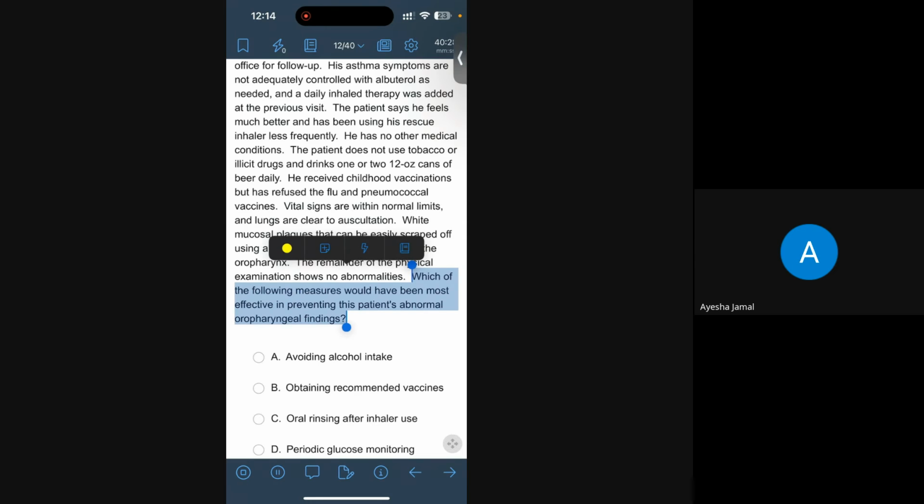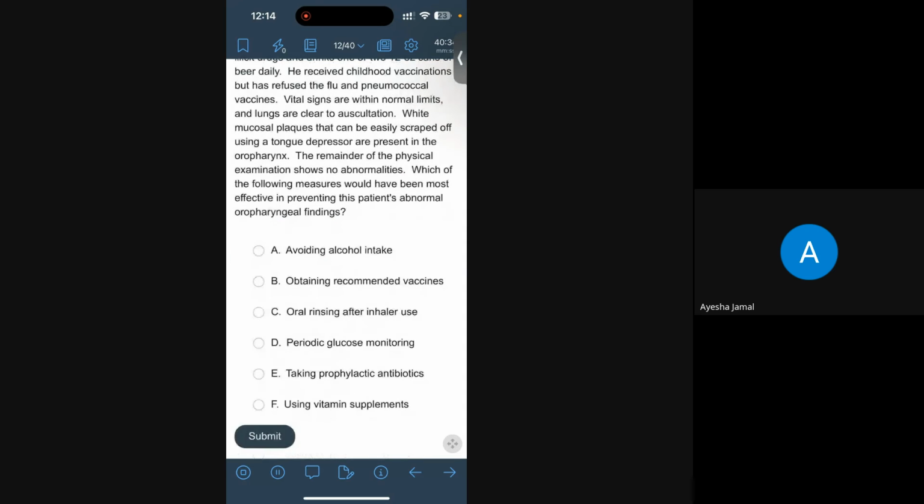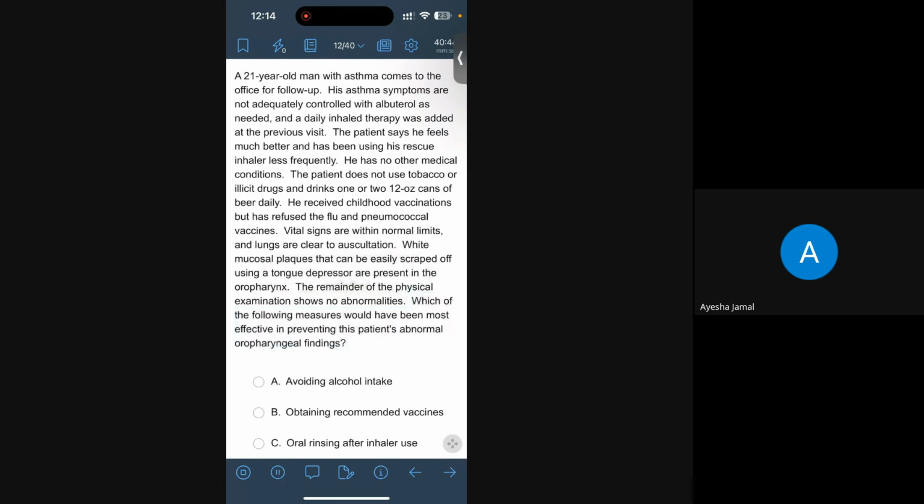Which of the following measures would have been most effective in preventing the patient's abnormal oropharyngeal findings? Now read the options.